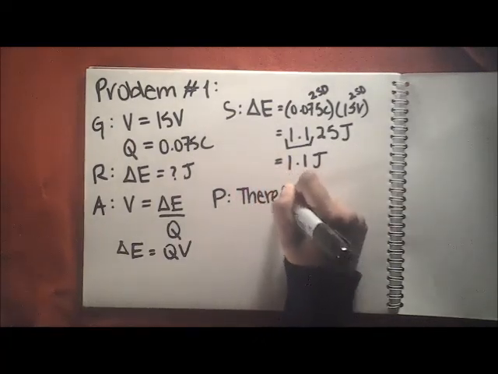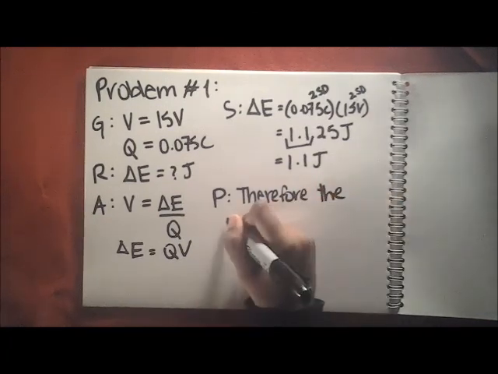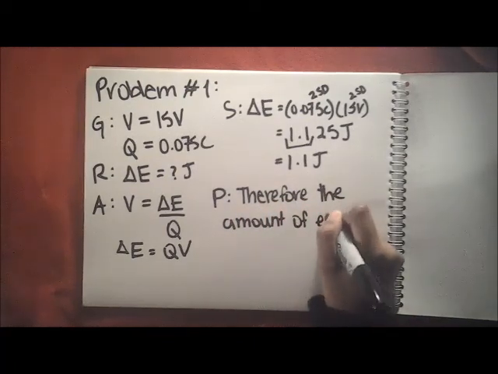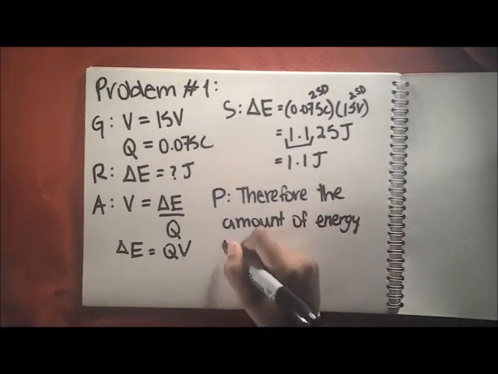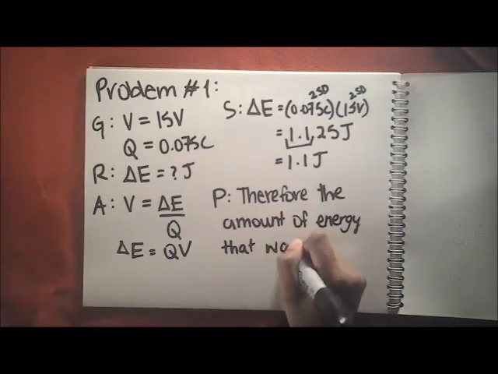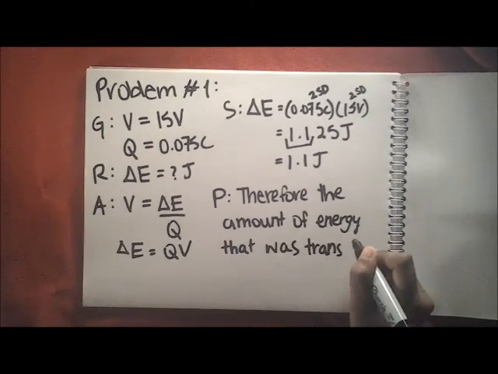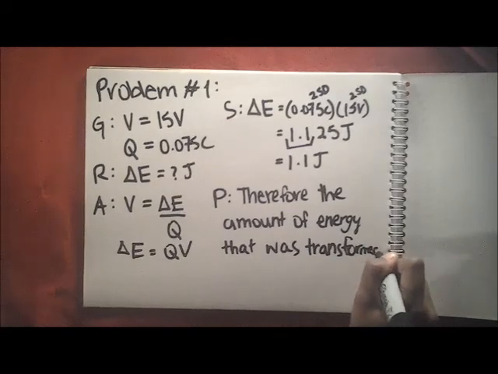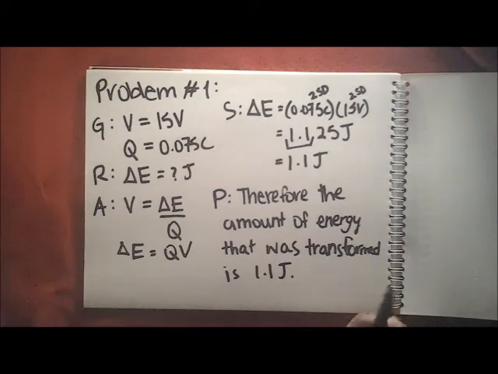Finally, we phrase our final answer into a sentence. So, therefore, the amount of energy that was transformed is 1.1 joules.